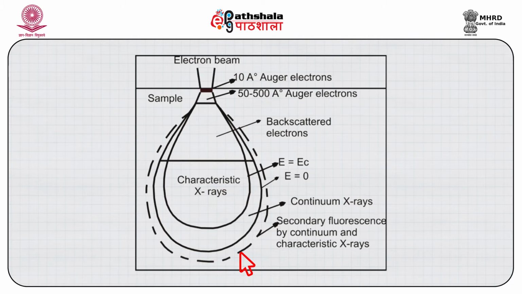So, we see that this complex domain produces different kinds of X-rays. Besides these effects, there is a generation of Auger electrons. Auger electrons occur when an expelled electron from an atom, if it has high enough energy, leads to the expelling of another electron, and those are known as Auger electrons.